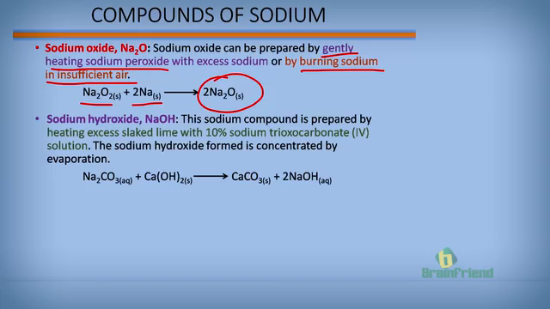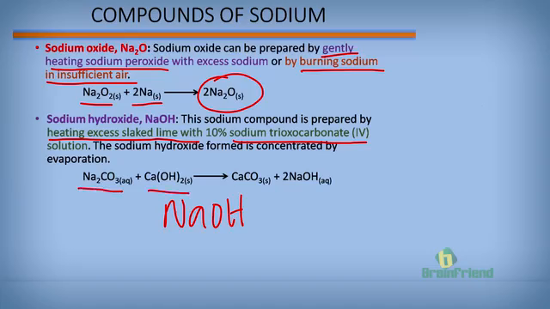Now the next compound of sodium is sodium hydroxide, which of course has this formula. This sodium compound is prepared by heating excess slaked lime with 10% sodium trioxocarbonate solution. So here we have sodium trioxocarbonate IV and slaked lime, which is actually calcium hydroxide.